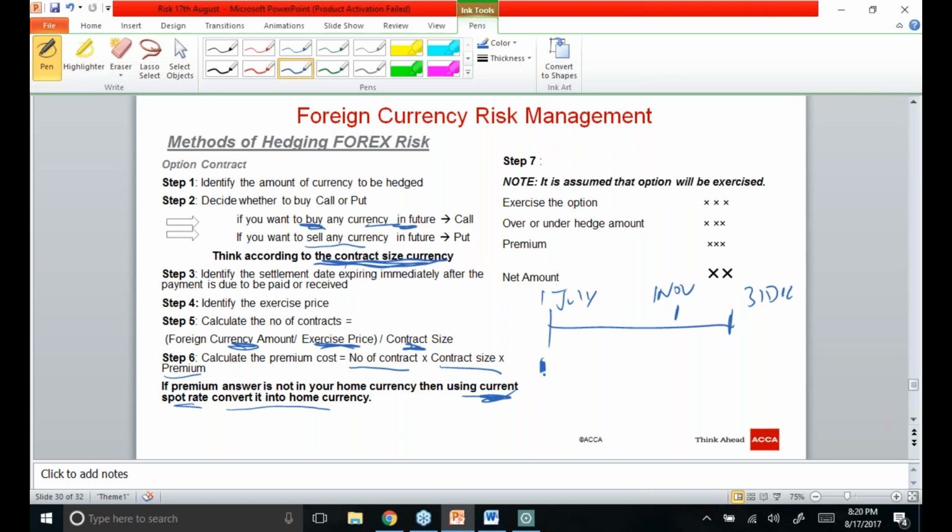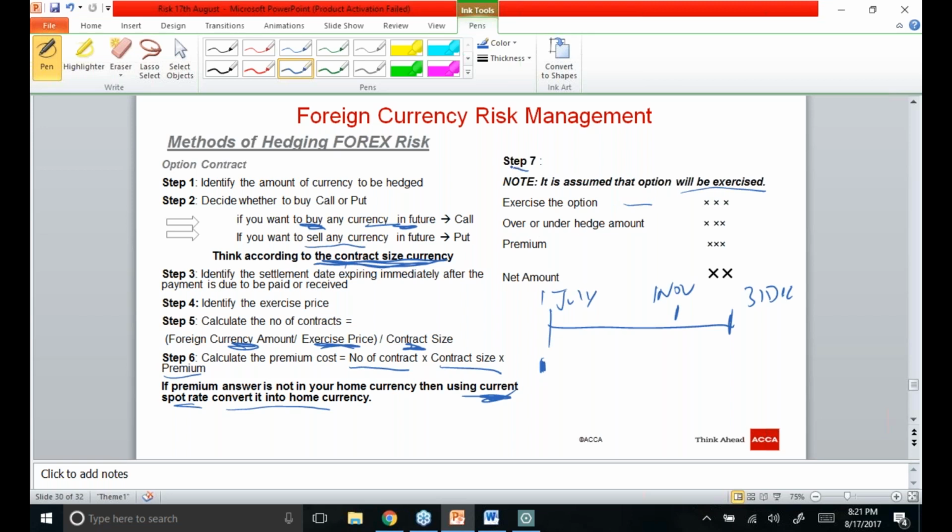But how can you decide this on 1st July? So that's why you always assume that the option will be exercised. Then you have to calculate the overhedge or underhedge amount.